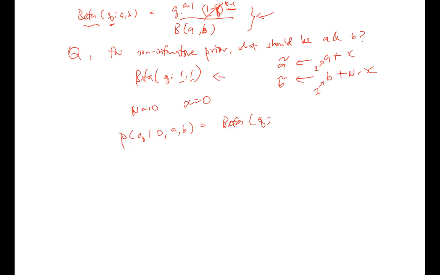So I have a still equal to 1 and b equal to 11, right? It's 1 plus 10 here. Now this is basically the posterior distribution I got.